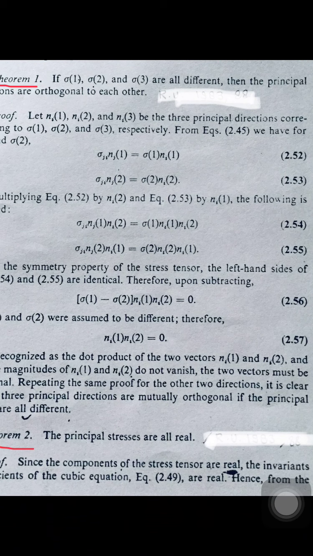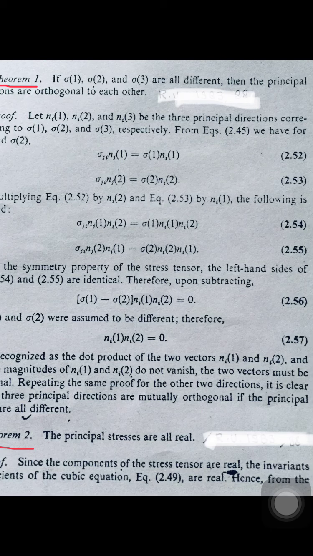If the dot product of two principal directions becomes 0, what does it show? Like i dot j equals 0 means i and j are perpendicular. Similarly here, ni1 dot ni2 is 0.